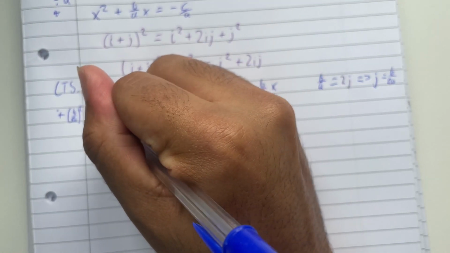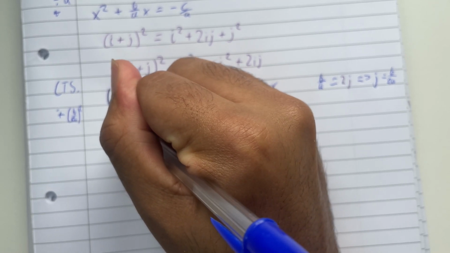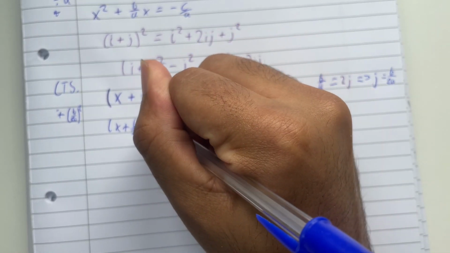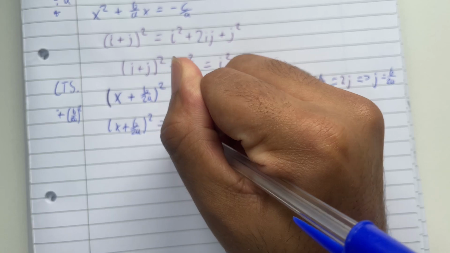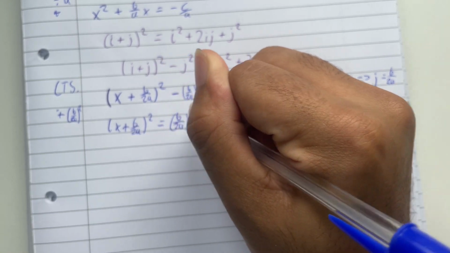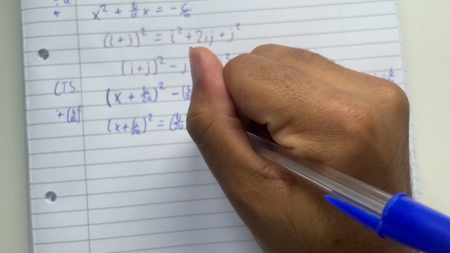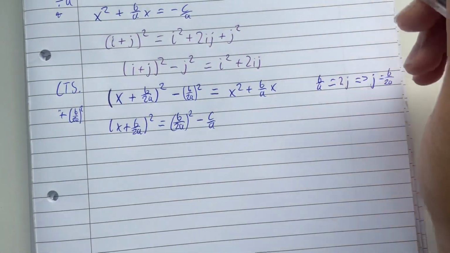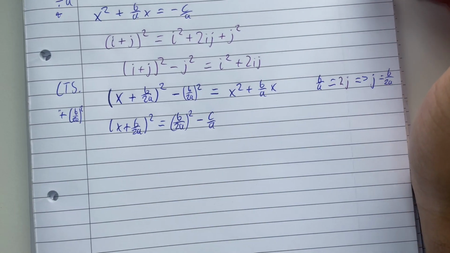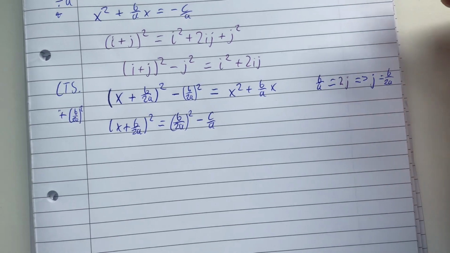This will give us x plus b over 2a all squared is equal to b over 2a squared minus c over a. Sorry that I forgot to update this.